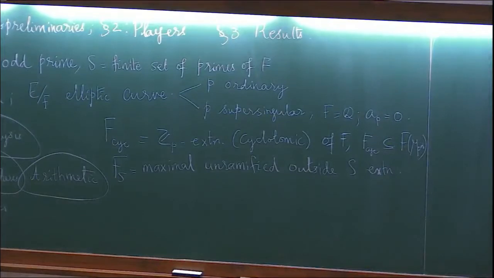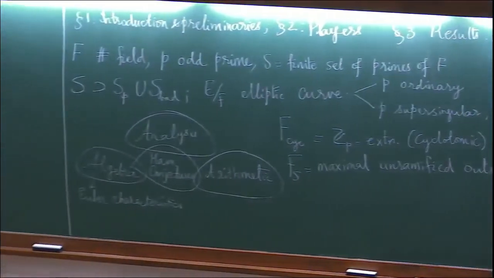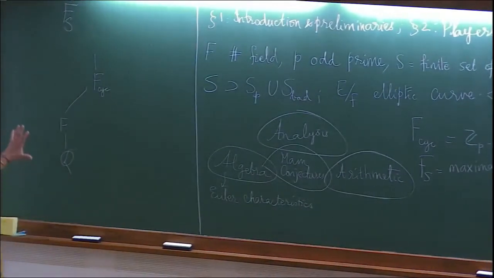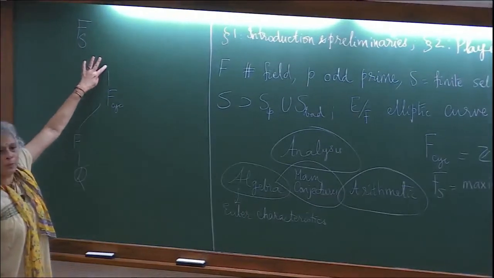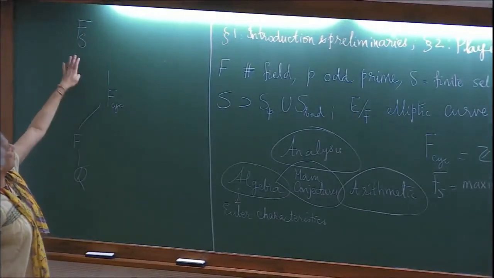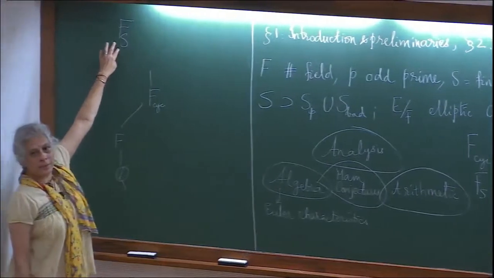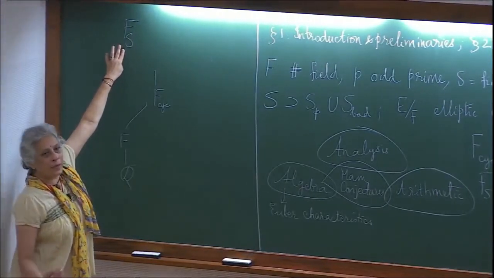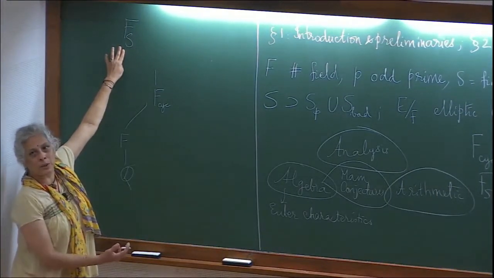Here, there's another extension that we are going to be considering above F cyclotomic but contained in F_S, and that's the one which trivializes the Galois representation associated to the elliptic curve.